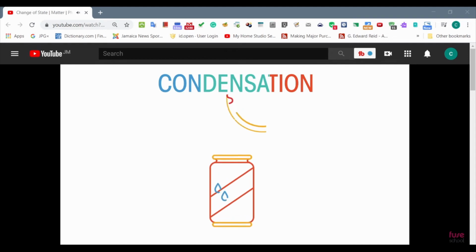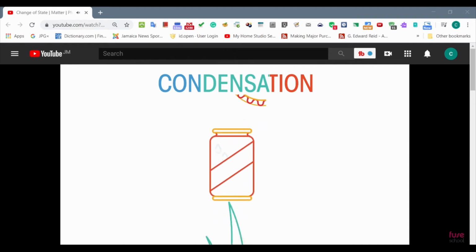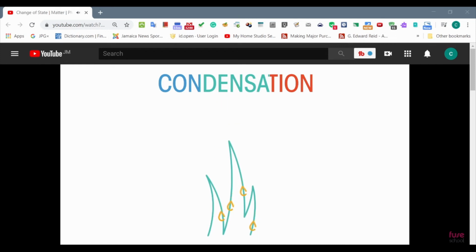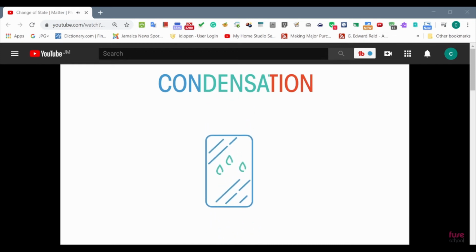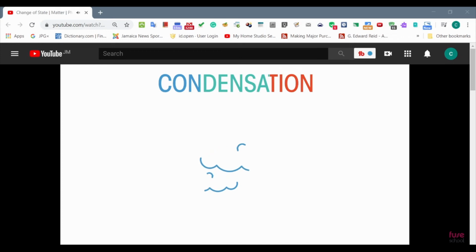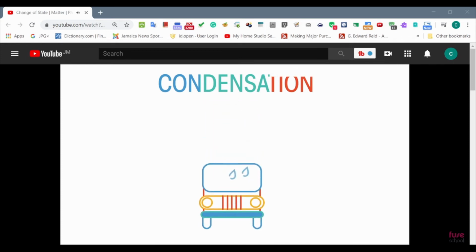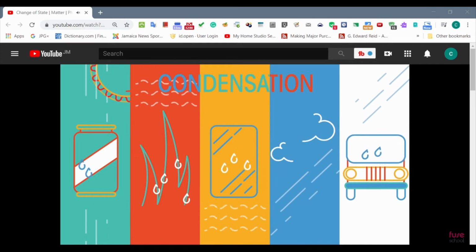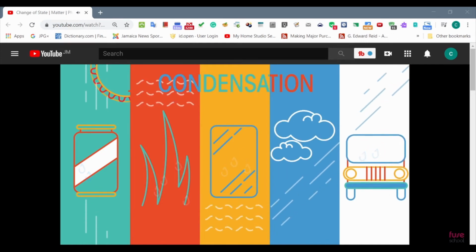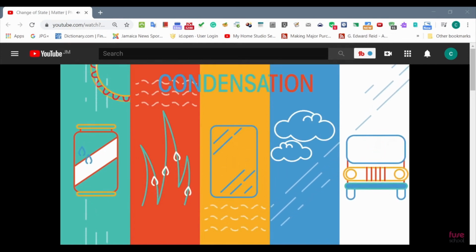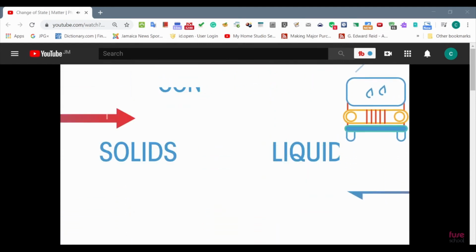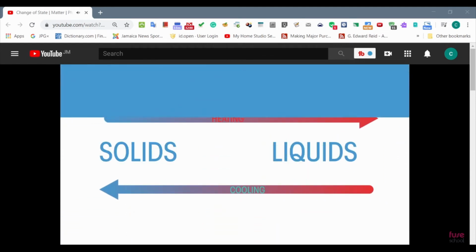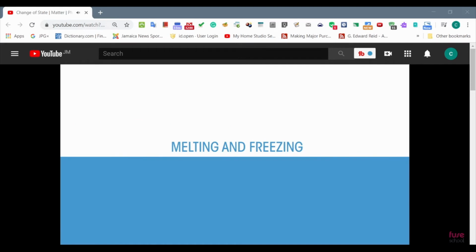Think of a cold can of soda on a hot day, those water droplets on the outside, or the dew on the grass in the morning, or the steamed up mirror after a hot bath, even the clouds in the sky, or a foggy windscreen in a car. These are all examples of condensation. Water vapor in the air has cooled down to form liquid droplets of water. Now let's think about the transitions between solids and liquids, so melting and freezing.